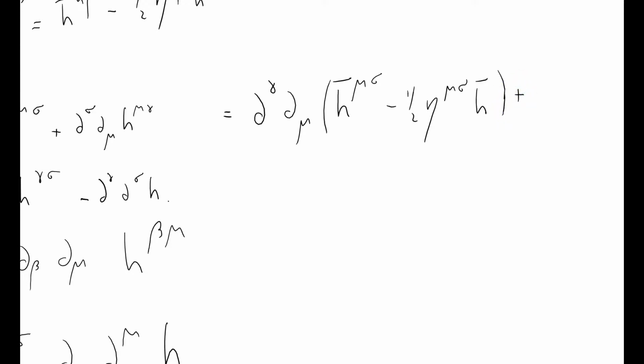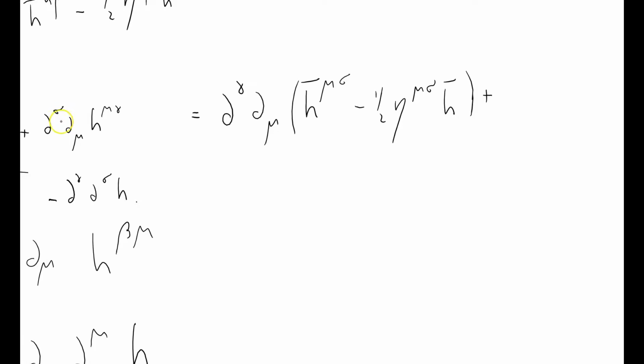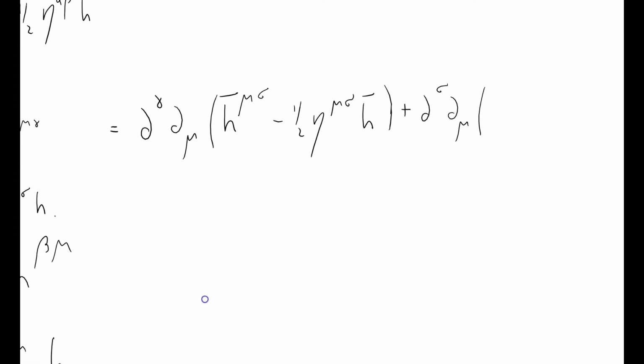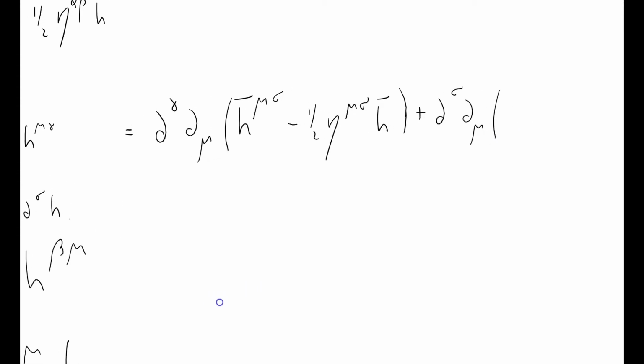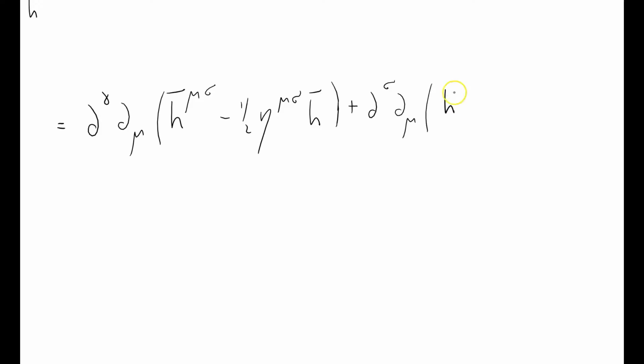Yeah, let's try plus there. This term here, ∂σ upstairs, ∂μ downstairs, acting on, well, it's just the same thing but with μγ instead. So it's h bar μγ minus a half η μγ h bar.